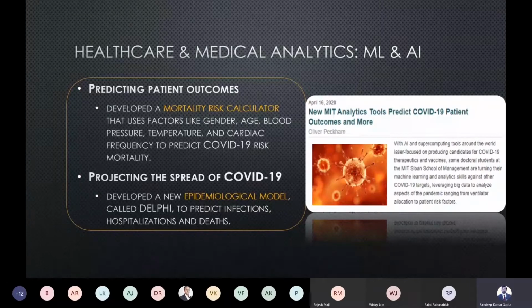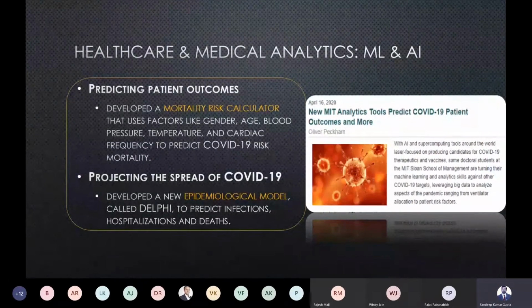These scholars considered a range of factors like gender, age, blood pressure, temperature, cardiac frequency, to assess the mortality risk factor which we discussed in that particular slide on predictive analytics.